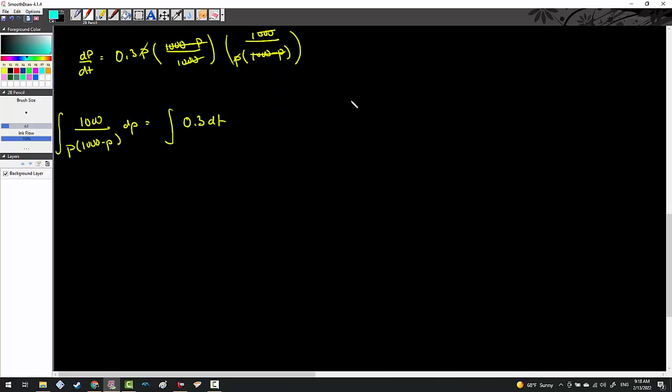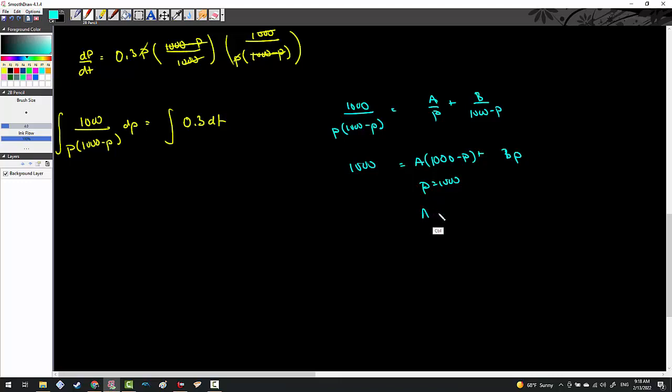On the side, let's do some partial fraction work. So 1,000 over P times (1,000 minus P) is equal to A over P plus B over (1,000 minus P). So (1,000 minus P) times A plus BP equals 1,000. If I let P equal 1,000, I get B equals 1.